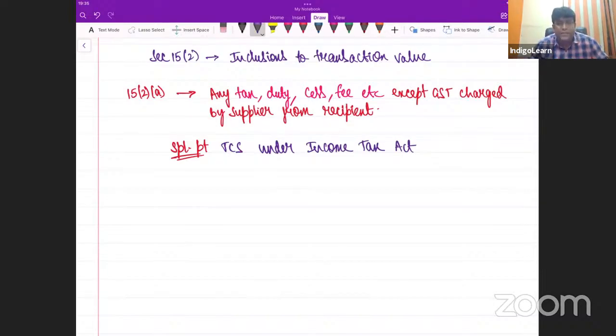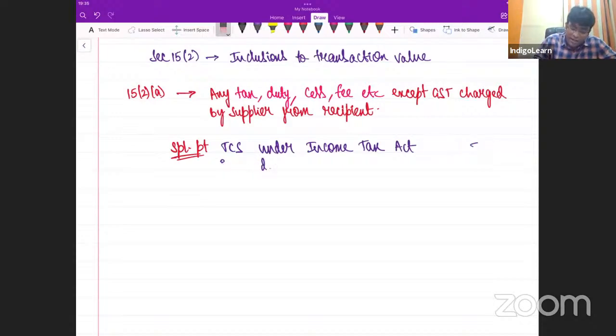In the Income Tax Act, we have got some concept known as TCS. For example, when we buy one motor vehicle for more than 10 lakh rupees, that motor vehicle dealer, apart from that 10 lakhs, he will also take extra 1% from us. That is something like a TCS, tax collected at source. TCS under income tax shall not be included.